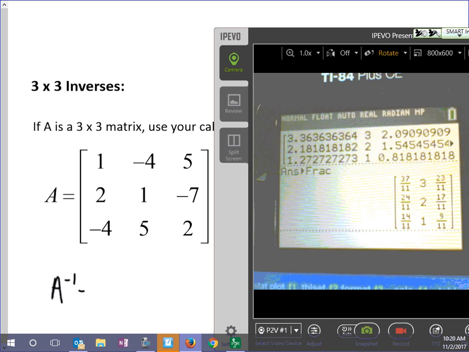I'm going to jot down my answer. And then I'll jot down a couple of keys that we use for this that you might want to include in your notes.